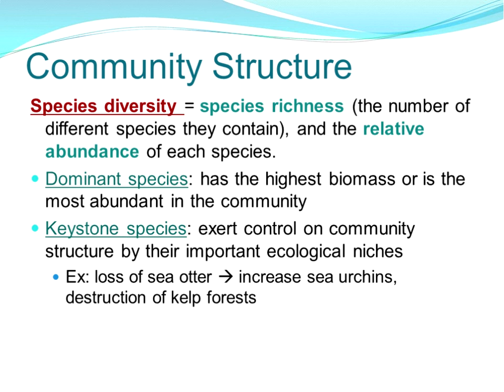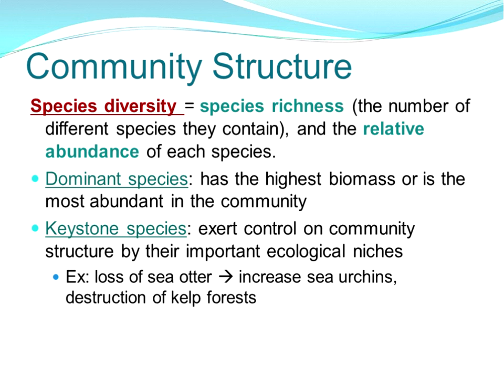A keystone species is going to be one that tends to have a very important role, and so it can have a major effect on the community overall if something were to happen to them. So that's why they're known as a keystone species. A good example is the sea otter.